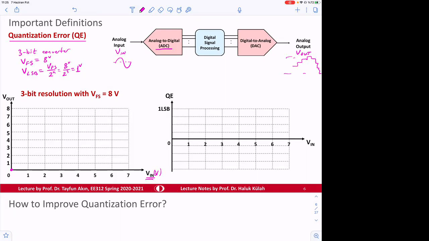So what happens is, of course, ideally for a signal, we prefer to have an ideal, I don't know if this is nicely drawn, but not nicely drawn.